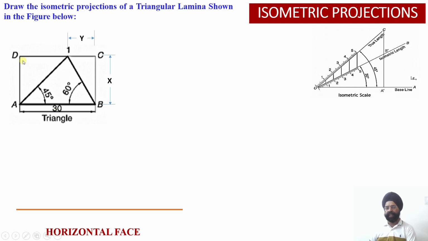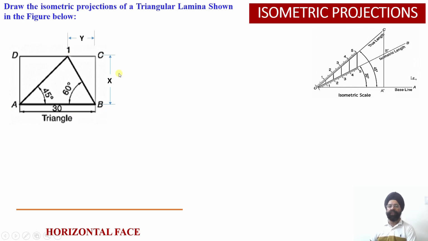Once this is completed, I inscribe this triangle into a rectangle, which I can construct very easily. Once I construct this rectangle, I measure distance 1, distance 2 and distance 3, and automatically points 1, A and B will be located.